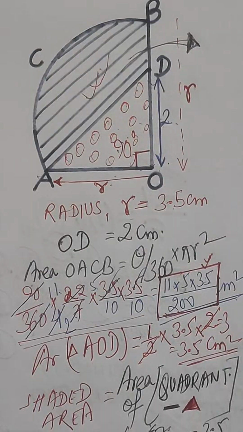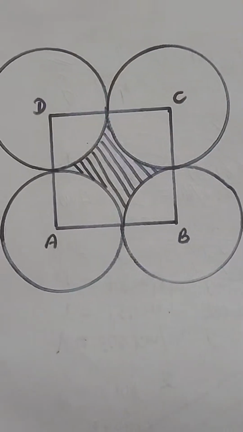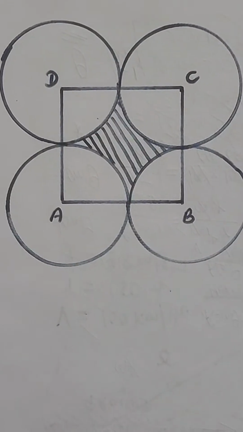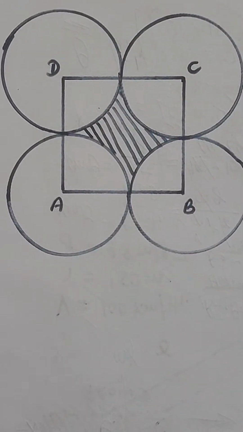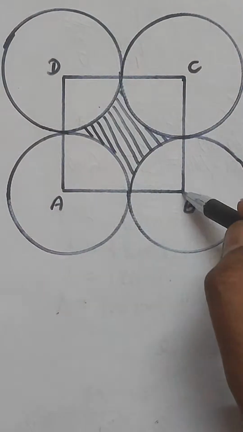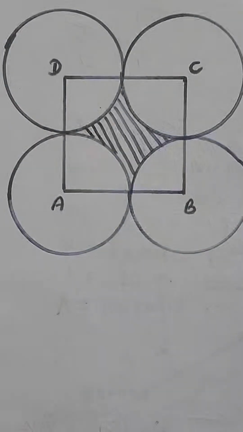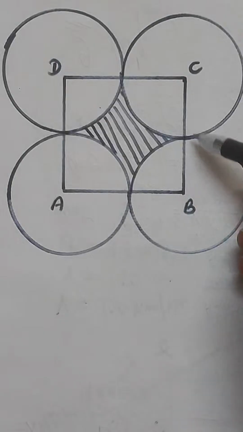Now coming to the second question. This is the second question in front of you, right? I have already drawn a picture before coming to the live session, so that's why it becomes easier for me. In this question it's given that ABCD is a square, each of whose sides is 28 centimeter.